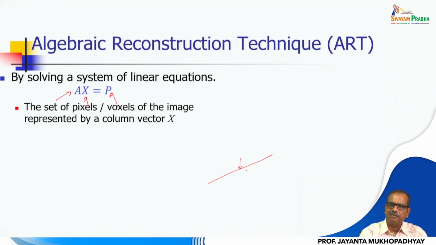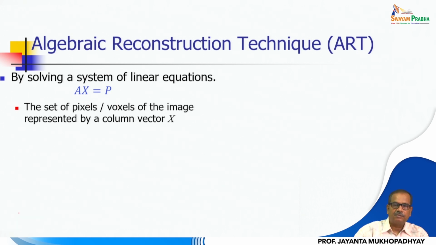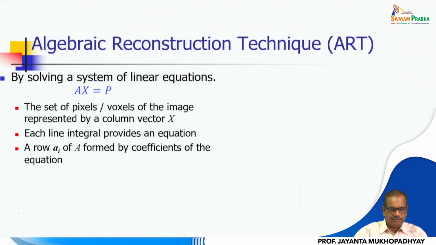That forms an equation, whether the line lies on a plane or over a three-dimensional volume, it does not matter. That is the flexibility you have in this approach, and that is why it is more generally applicable for image reconstruction.